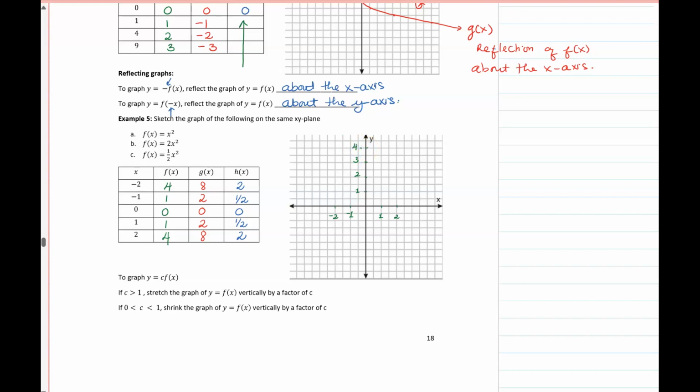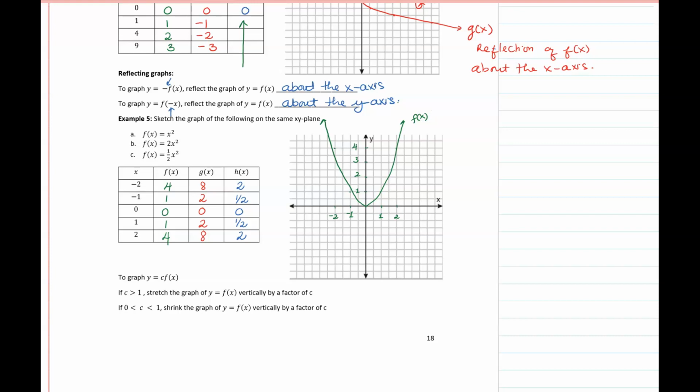And we'll go ahead and plot, starting with f. So this is the graph of f of x.